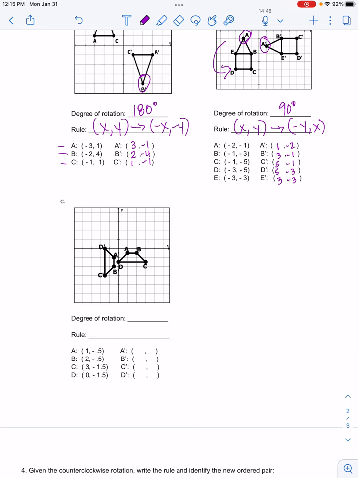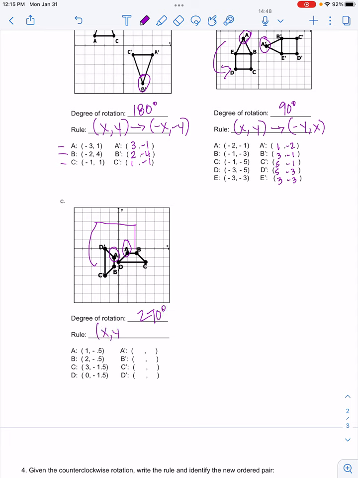This rotation, since this is the original and this one is the new image, might appear to be a 90-degree rotation, but it's actually 270 degrees because it would have to rotate up here first, here second, here third. And so that is a 270-degree rotation.